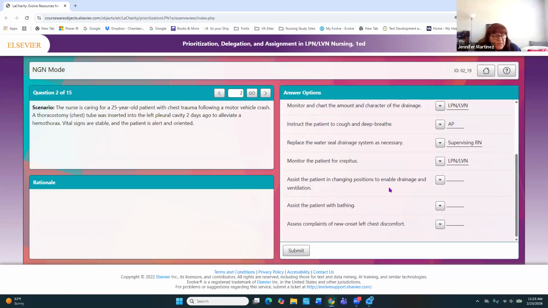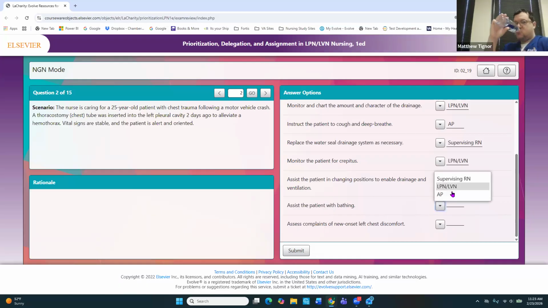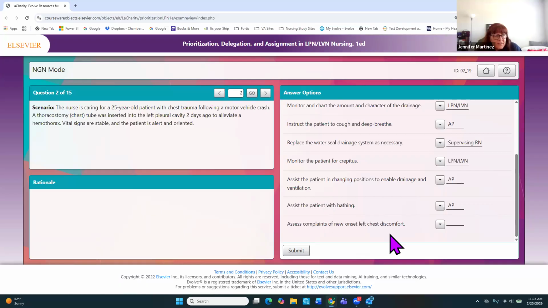Assist the patient in changing positions to enable drainage and ventilation. AP. Okay. Assist the patient with bathing. AP. And assess complaints of new onset left chest discomfort.